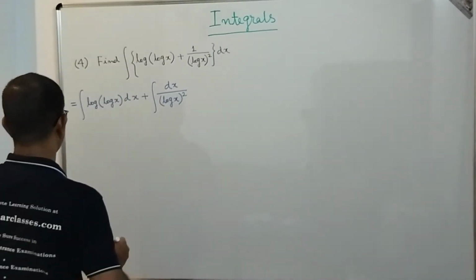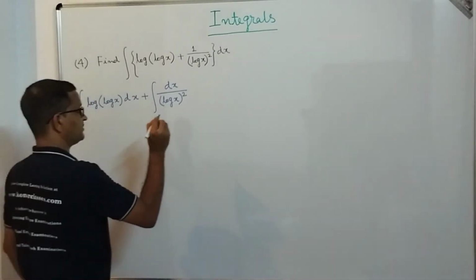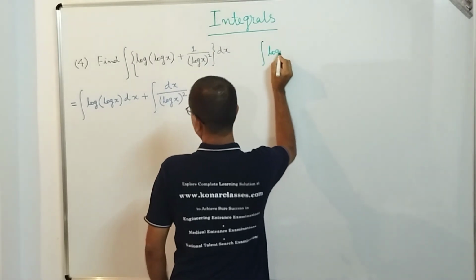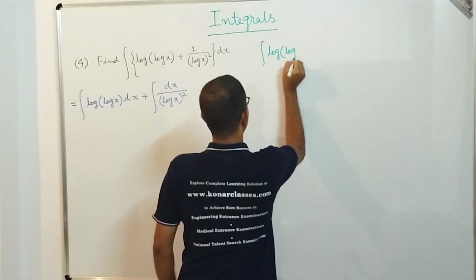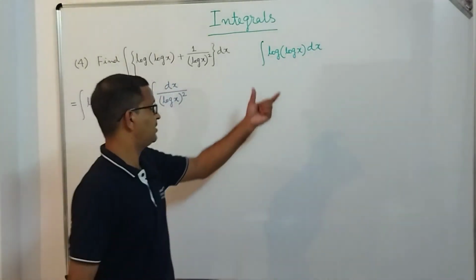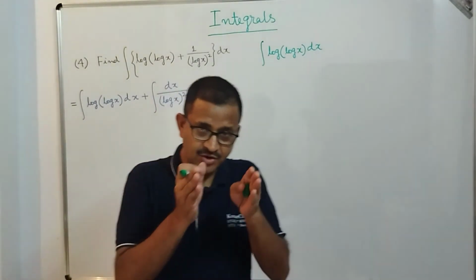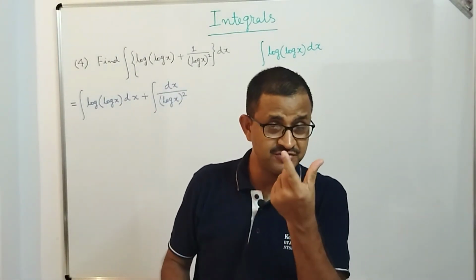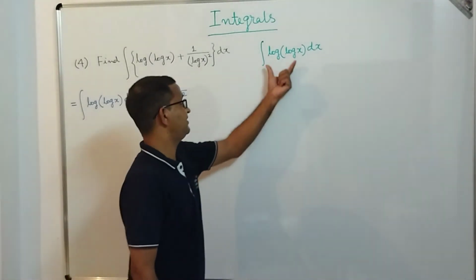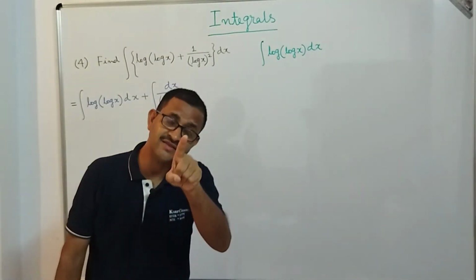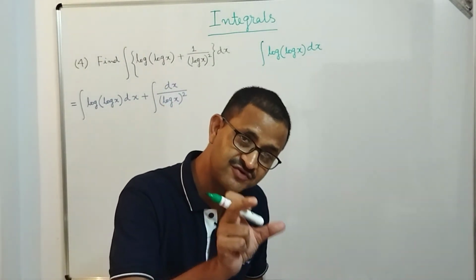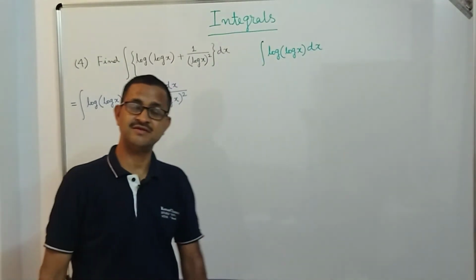Okay, so let us do it here. Integration of log x dx. If you see, dear students, log x is a logarithmic function which is not directly integrable. So you should take this as the first function and 1 as the second function. That means we should take log x as the first function and 1 as the second function.